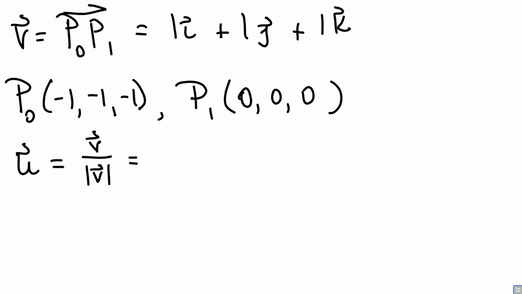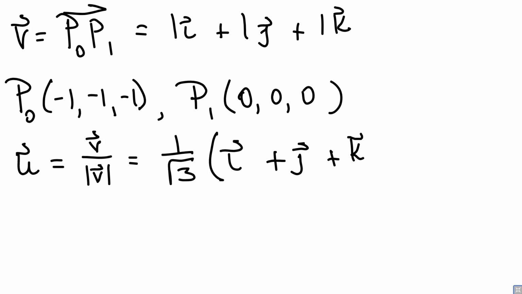What's the norm, or magnitude, of vector v? Square root of 3. There we go. So we're going to have 1 over the square root of 3 times vector v, which is i, j, and k.